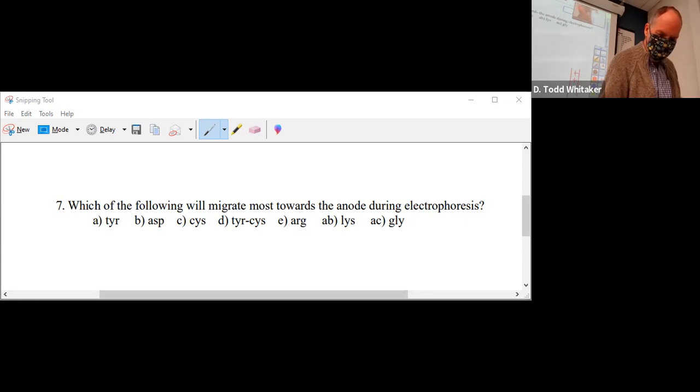If you're having trouble with definitions of anode and cathode, it's really not the charge, it's what happens at the electrode. A negative electrode, just look at it, has a negative charge because it has extra electrons.